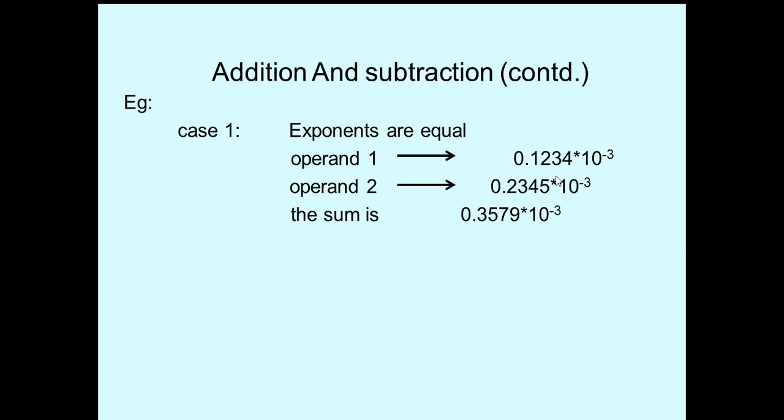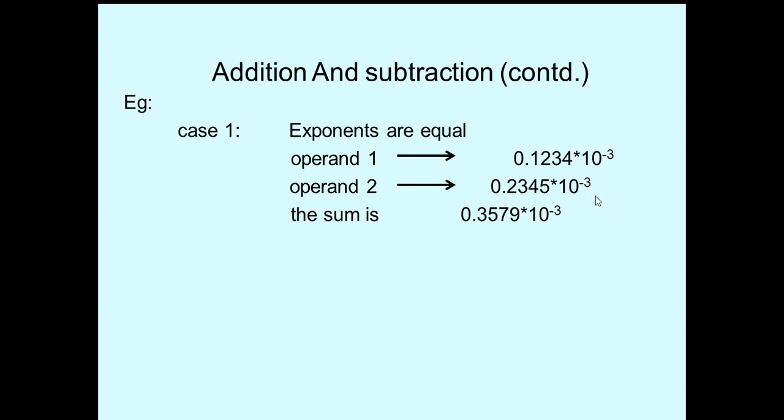The sum is: 4 plus 5 is 9, 3 plus 4 is 7, 2 plus 3 is 5, 1 plus 2 is 3. So 0.3579 into 10 power minus 3. Why?